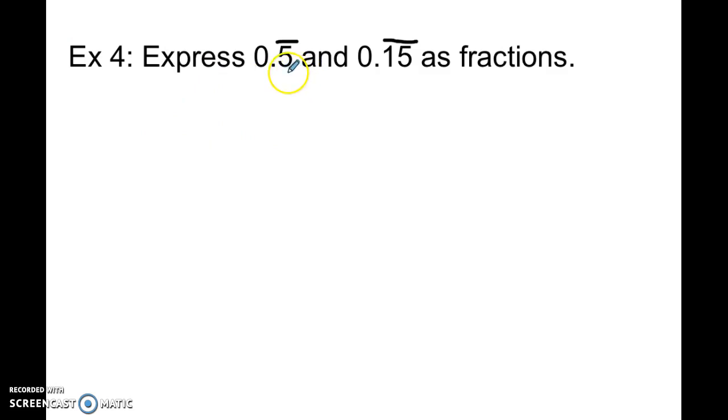So let's look at this 0.5 repeating. 5, that's only one number, so I've got one number repeating, and I'm going to put that over 1 9. Well, 5 and 9 don't have any values in common other than 1. They're relatively prime, so that's my answer. For this part of the example, I've got 2 digits repeating.